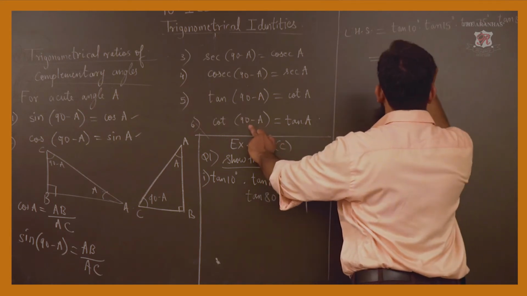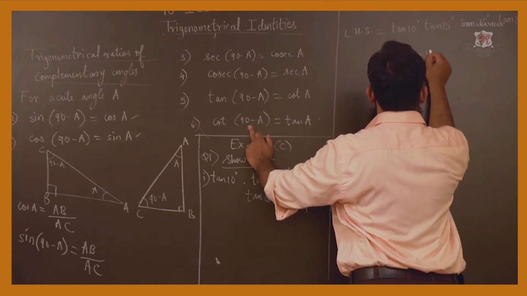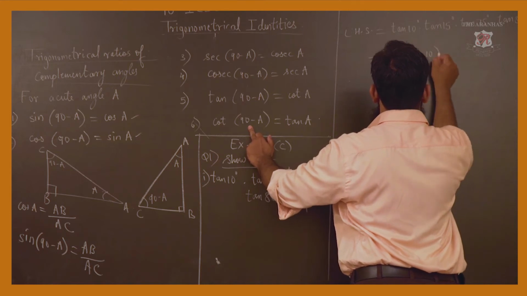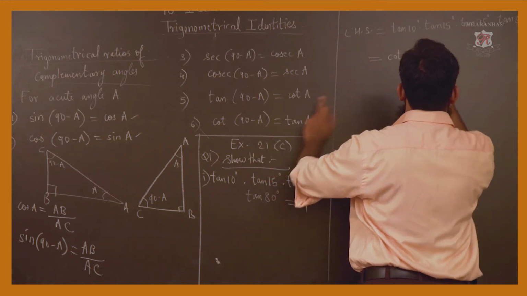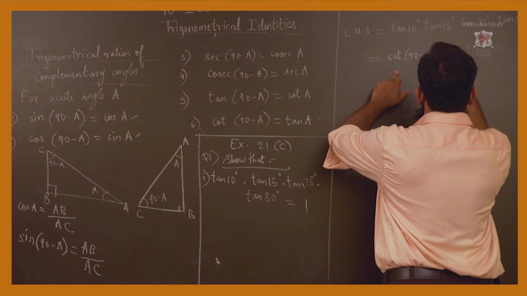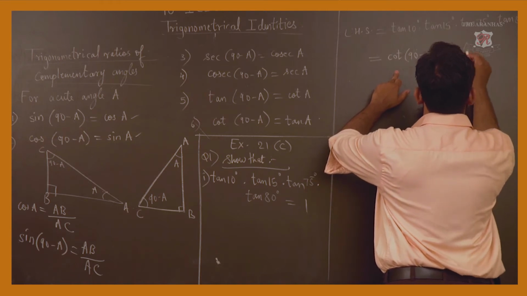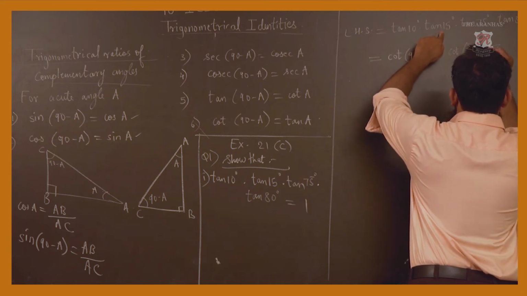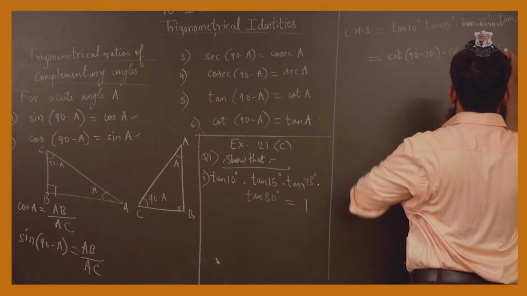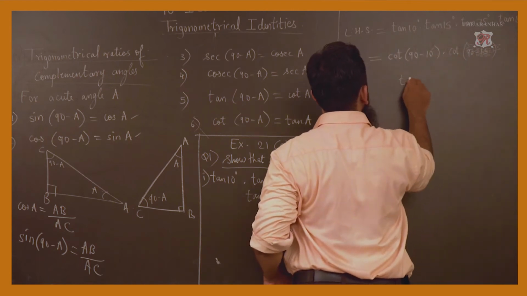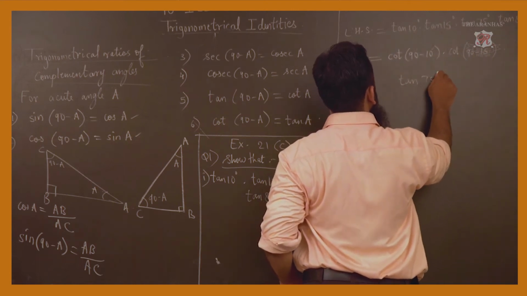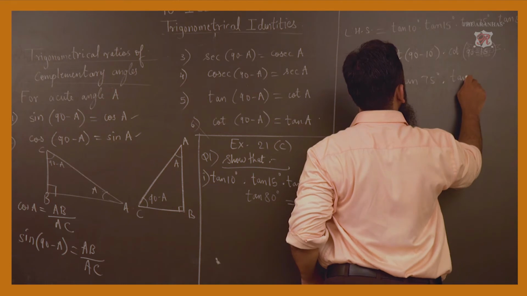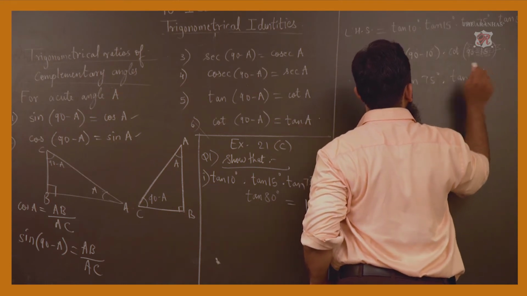So it will become cot of 90 minus 10 degree into cot of 90 minus 15 degree into remaining things as it is, tan 75 degree and tan 80 degree.